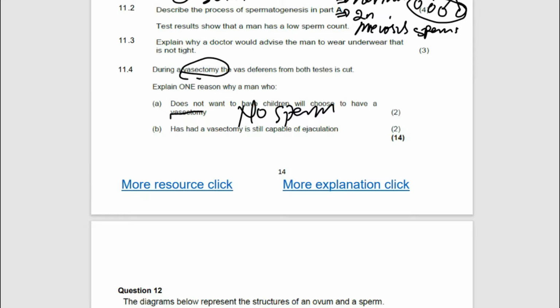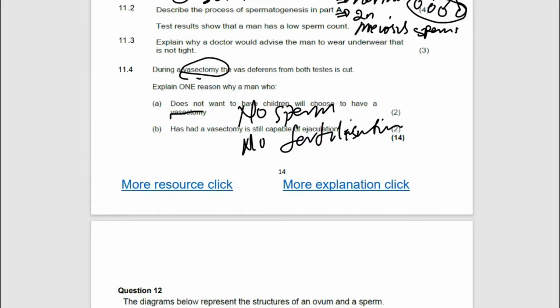It means that the semen which is produced cannot fertilize the ovum. Hence, there is no child. But the person can still have what? The sexual intercourse. So what is the answer in the exam? You can say that there will be no sperm in the semen, therefore no fertilization will take place. No sperms, no fertilization.